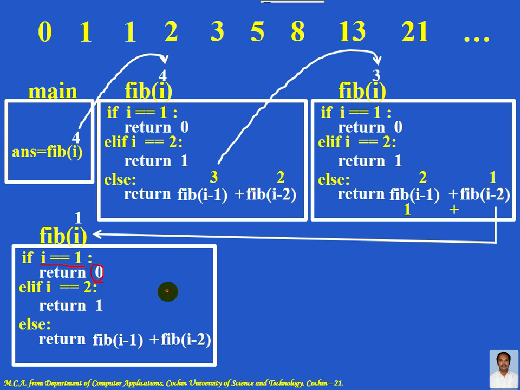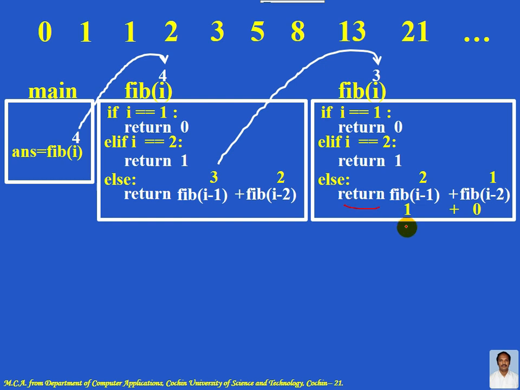Now 1 equal to 1, condition true, so return 0. Now to where is the answer 0 returned? To the point from where the function was called. So here a temporary variable is created and answer 0 is saved there. So this is completely executed. The answer 0 appears here. Now return 1 plus 0, return 1.